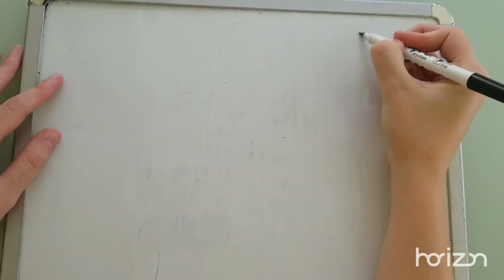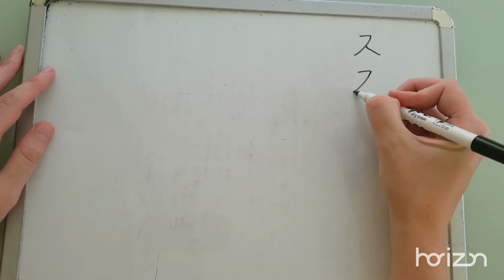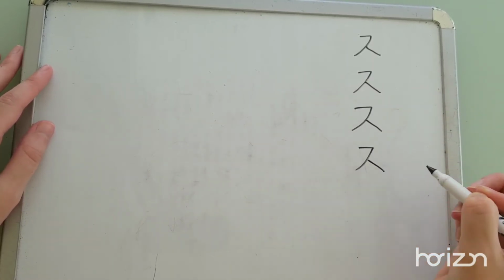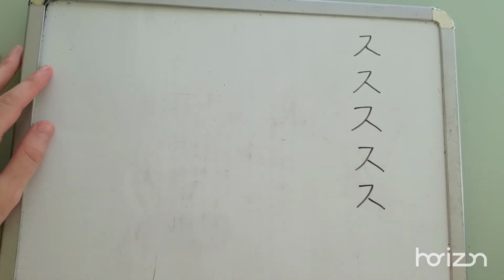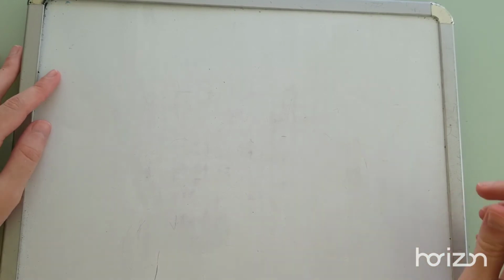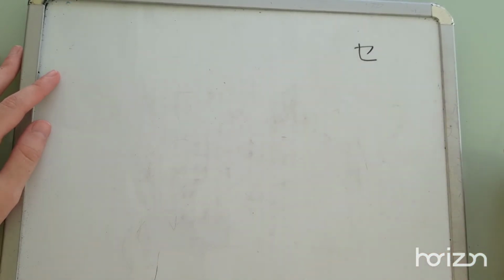Su looks like this. Don't have much to say about this one. I think that most people get this one pretty easily for some reason. Su, su, su, su. Next. Se. Boom. Se.